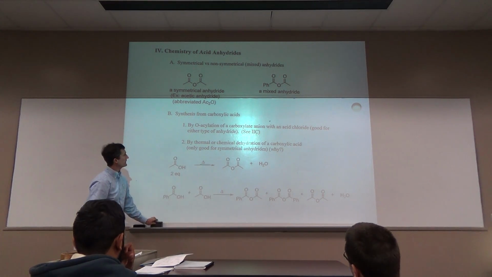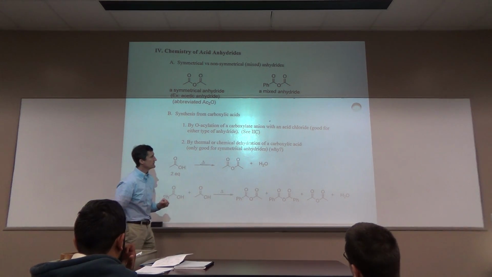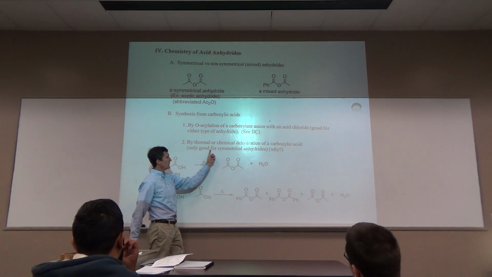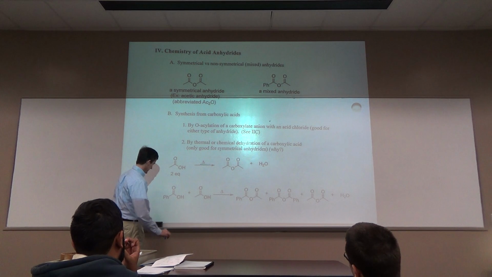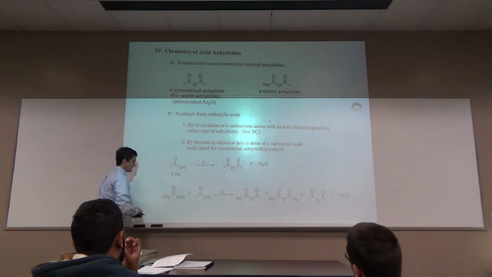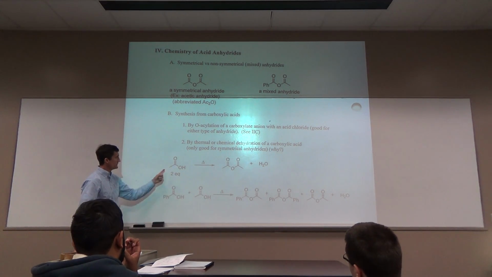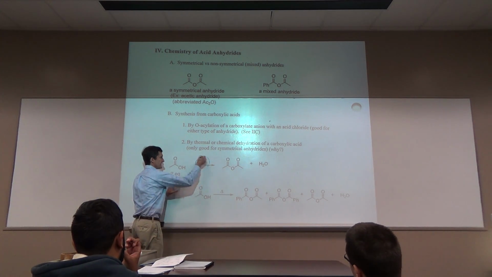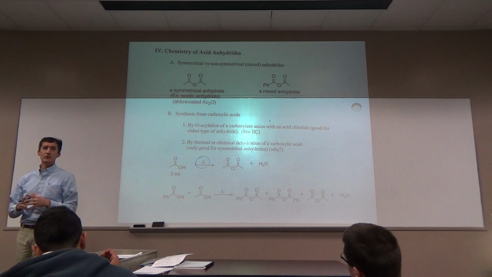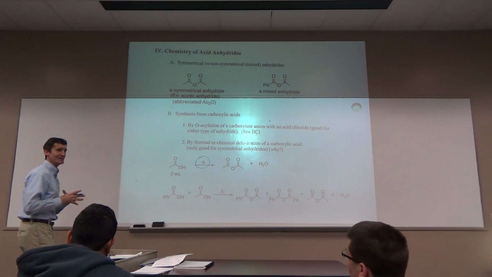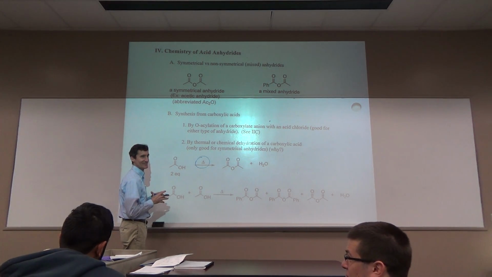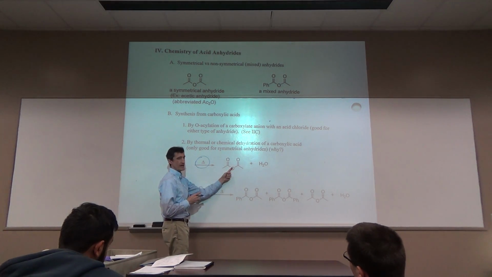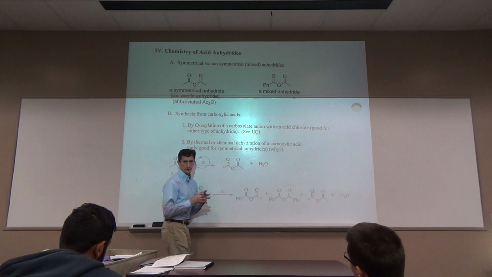Another way is by thermal or chemical dehydration of a carboxylic acid. This is actually good only for making symmetrical anhydrides. For example, if you just take acetic acid and heat it to about 300 degrees, nice and hot, you'll get the anhydride plus water.